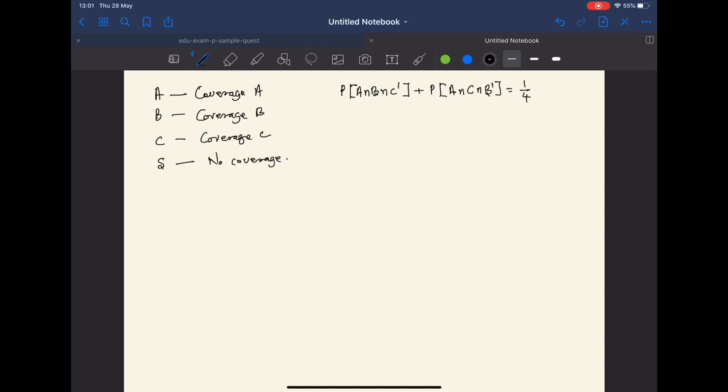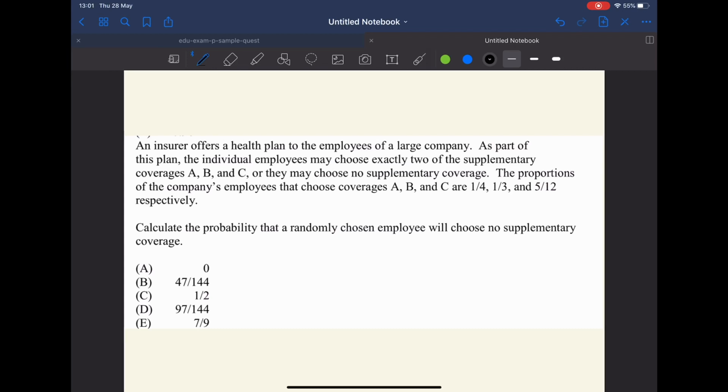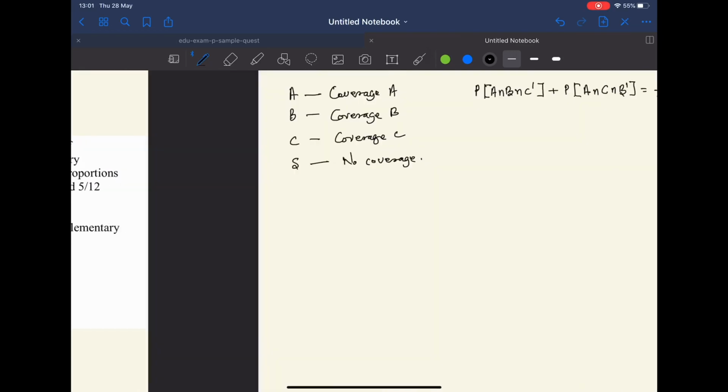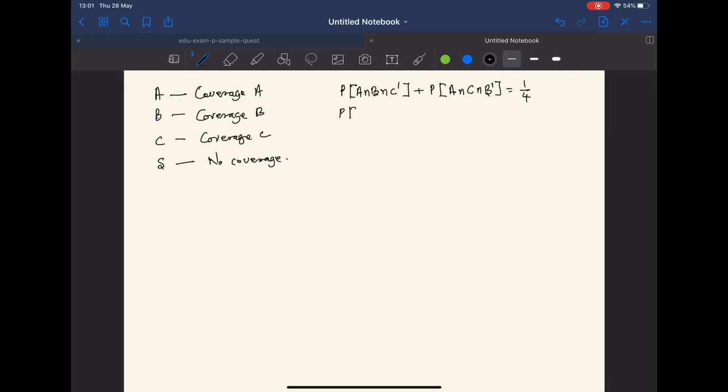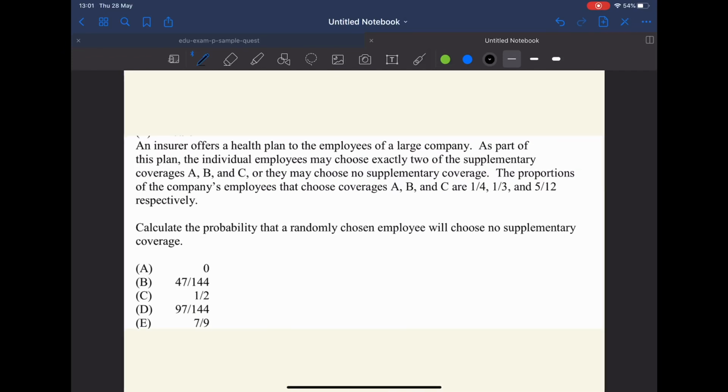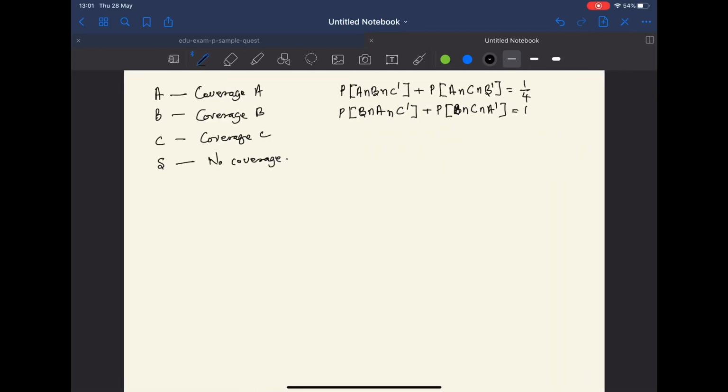Now we'll do the same for the next two, because we are told employees choose exactly two of the supplementary coverages. If he's choosing B, then he's either choosing B and A and not C, or choosing B and C and not A, and that gives us 1 over 3.